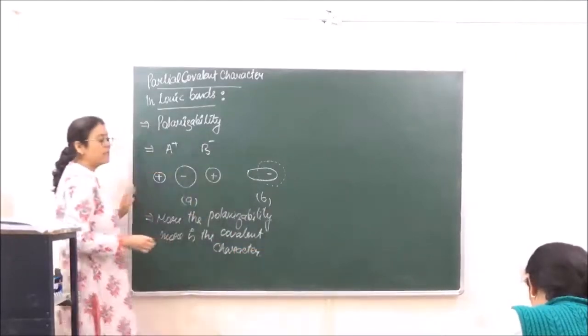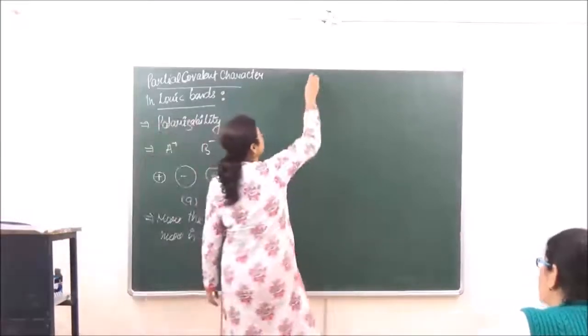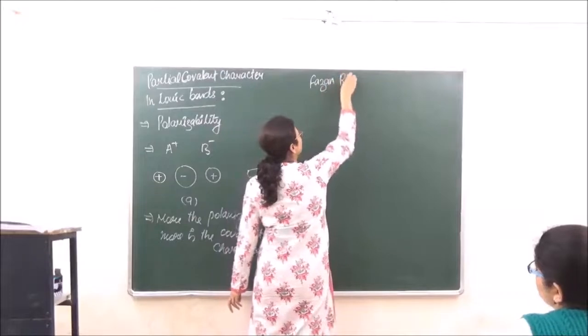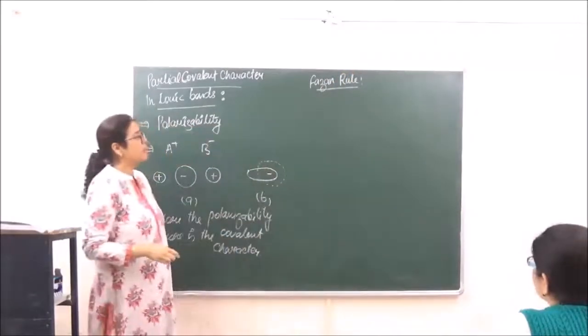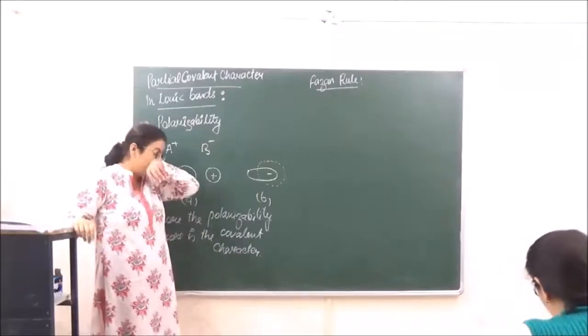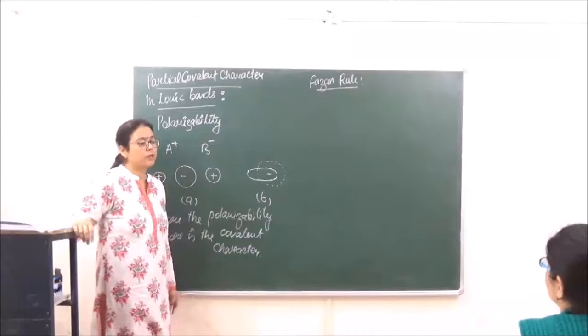More the polarizability, more is going to be the covalent character. So this set of polarizability or covalent character is explained on the basis of Fajan rules. This is very, very important. We generally get one question from this section. So please understand this very carefully, okay?